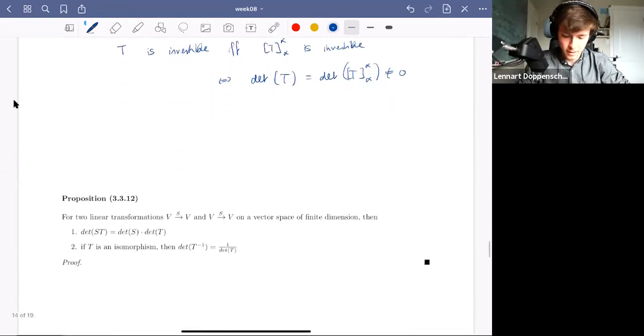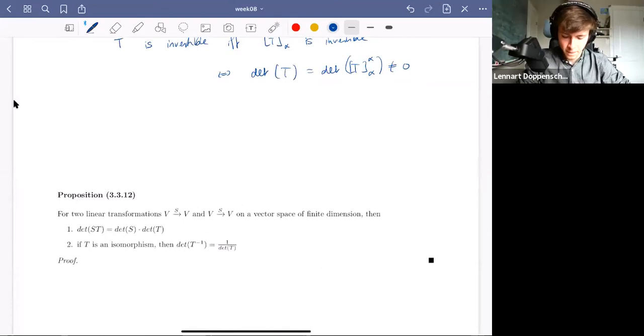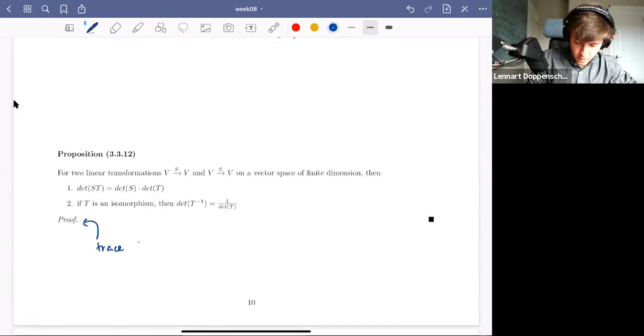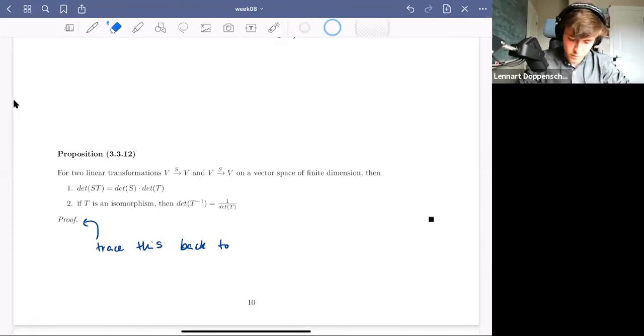Okay, and lastly, also something that I don't want to go into detail. Well, this proposition looks exactly like the proposition we just looked at for matrices. So it says that if you compose two transformations, then the determinant behaves in a certain way. So this proof, you can just trace this back to the property. Which one was that?